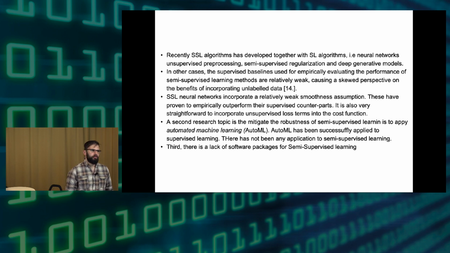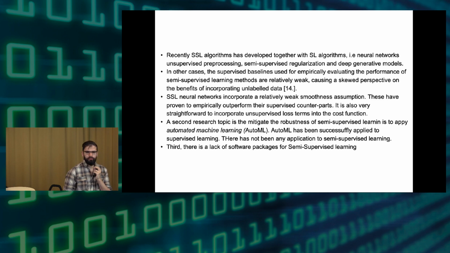And the thing also with these is that most of the semi-supervised learning algorithms assume very strong assumptions, but semi-supervised neural networks incorporate relatively weak smoothness assumptions. And so these have proven to empirically outperform the supervised counterparts.